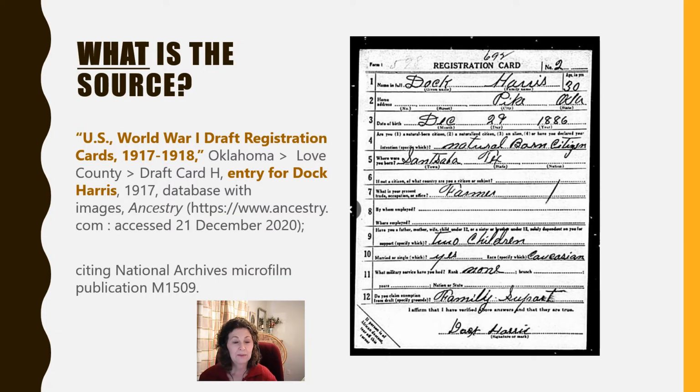In our example here, the what is in brown. The what is the title of the collection. This is the U.S. World War I draft registration cards, 1917 to 1918. And then I've also added the information that it's the entry for Doc Harris.